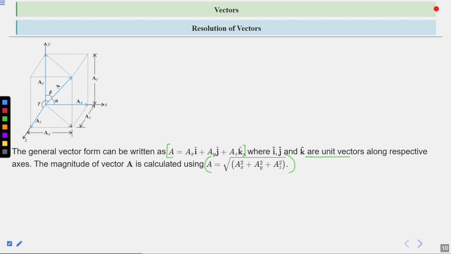Now, one question for you. Suppose the value of Ax is 2, the value of Ay is 1 and the value of Az is 3. In that case, what will be the magnitude of vector A? Please find it.